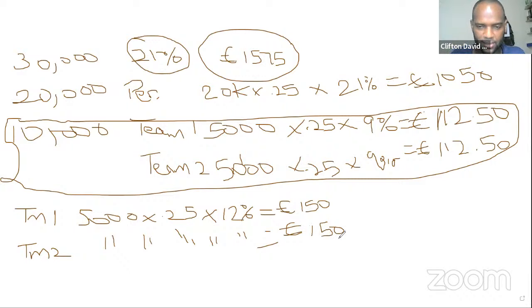Tell me what your total is. Clifton, I think you're adding too much. 1050 plus 112.50 plus 112.50 plus 150 plus 150. What's your total?